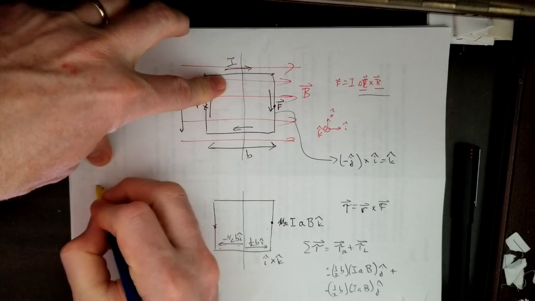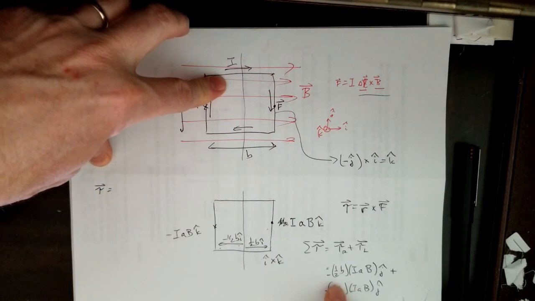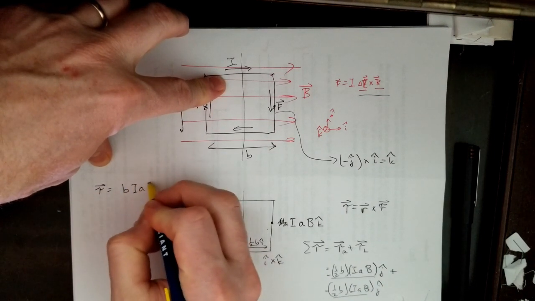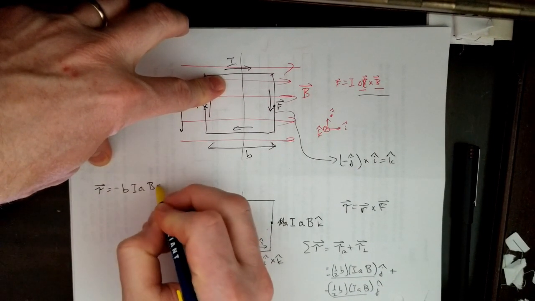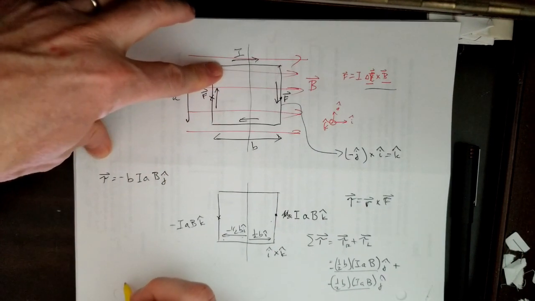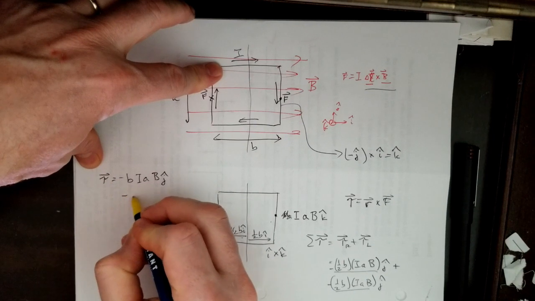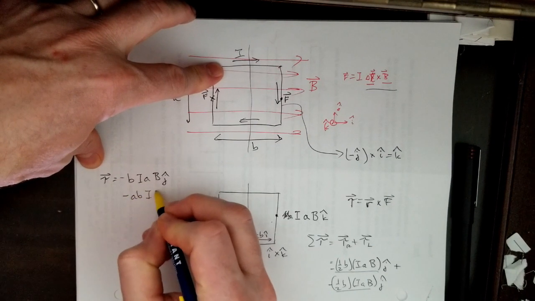So the torque acting on it is, well, I got half here and half there, so I add it together. So I have little b, I, A, big B in the negative J hat direction. Or rearranging, negative little a, little b, I, big B.